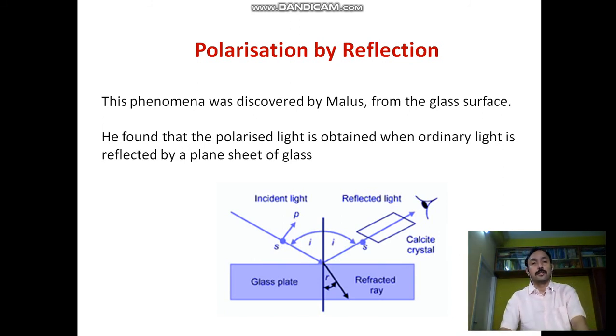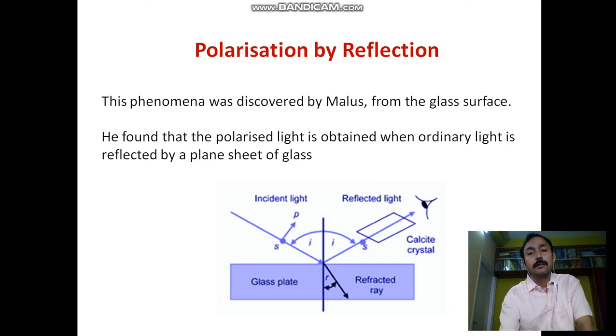Polarization by reflection. This phenomenon was discovered by Malus from a glass surface. He found that polarized light is obtained when ordinary light is reflected by a plain sheet of glass.